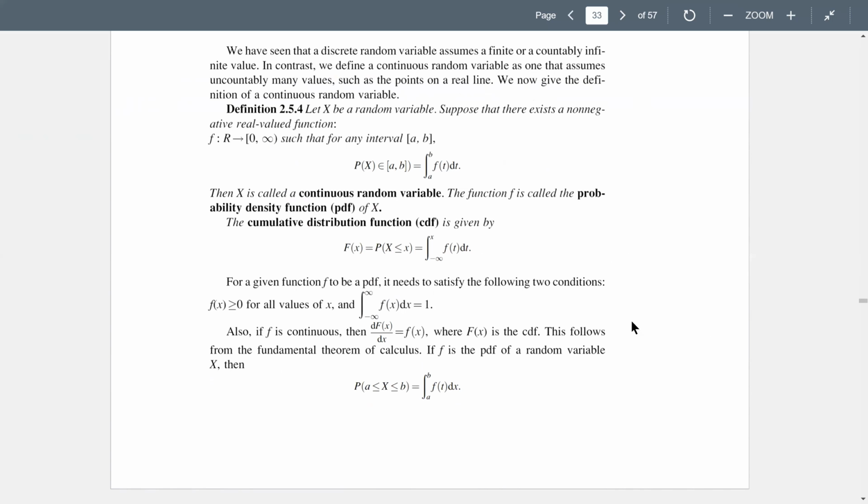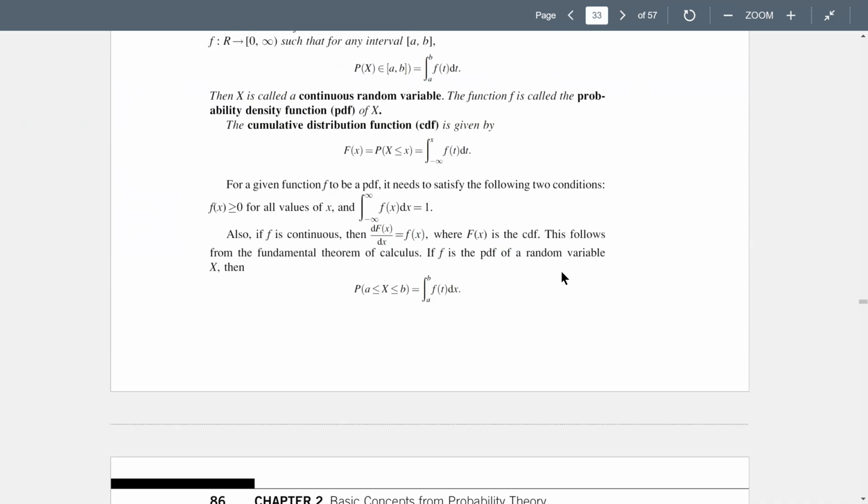That's where calculus, I mean integration, comes into play. So if you are to calculate the area within a certain interval, like the probability of a less than X less than b, then you calculate the area under the curve with the function.